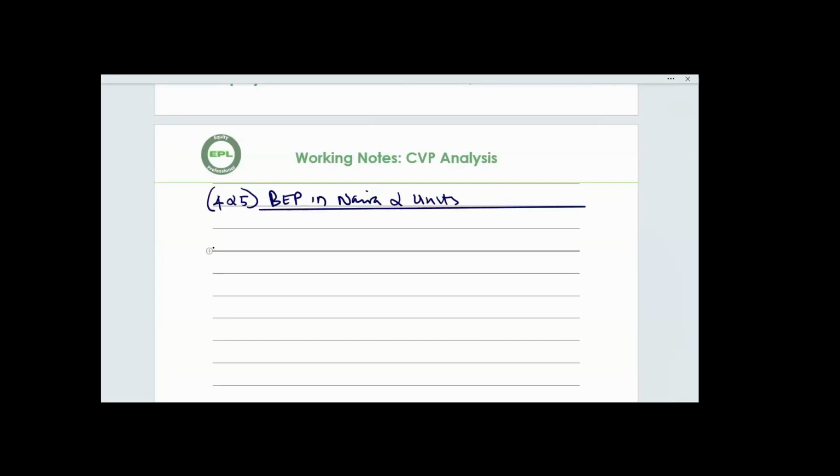So create a column for products. Sales means we have break-even points in Naira. We create a column for selling price. Then the last column will be break-even points in units.